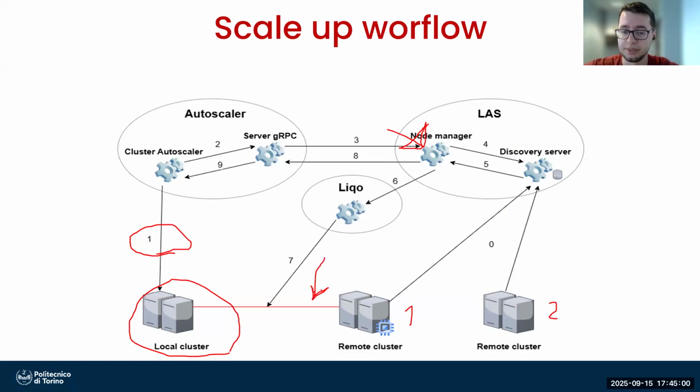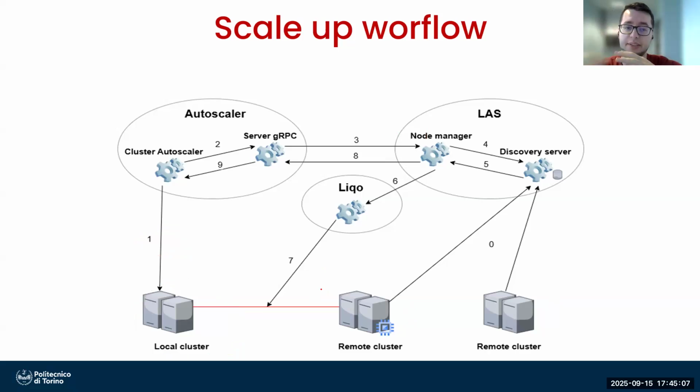And then it sends back the result to the cluster autoscaler. And at the end, we have the cluster autoscaler that watches both clusters, our local cluster and the remote cluster, and the application is running. This is an example of workflow.